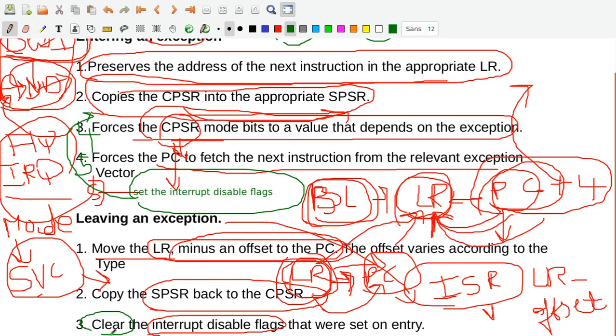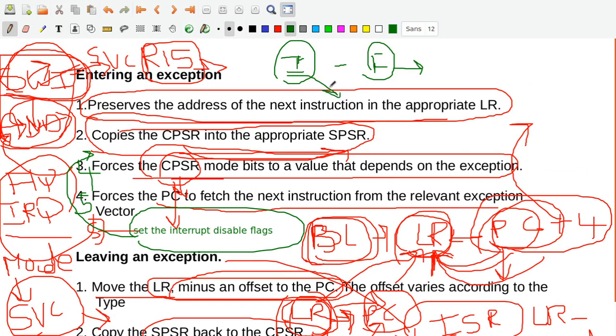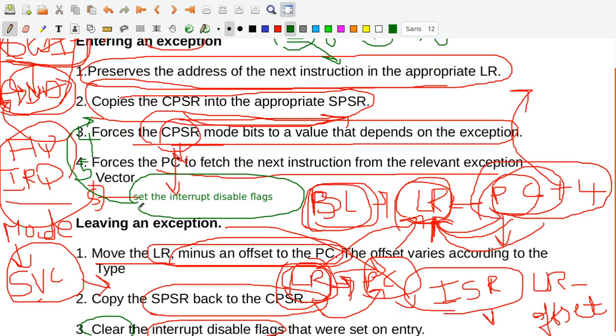So whenever you clear them, this is made 0, this is made 0. When both are made 0, you are enabling those flags again. When they are enabled, any of the low priority interrupts can be raised through the IRQ pin, and any of the high priority interrupts can be raised through the FIQ pin, because that has to be allowed. You had disabled them here by setting the bits, so that nesting of exceptions is not allowed.